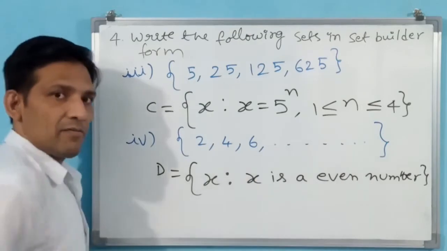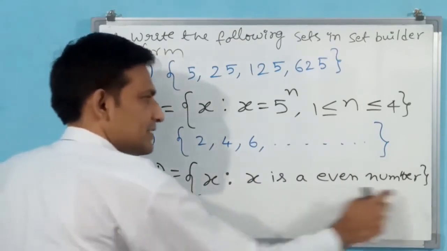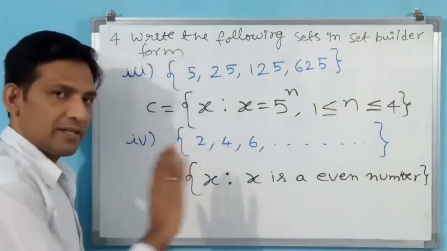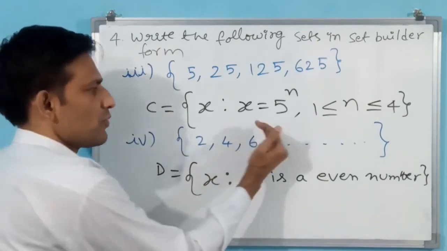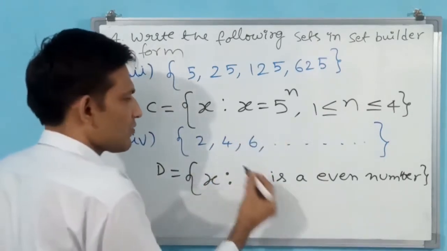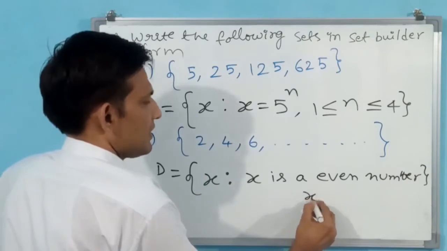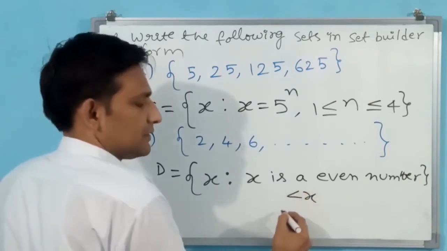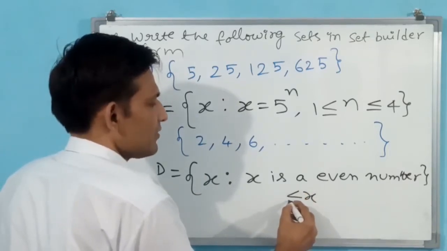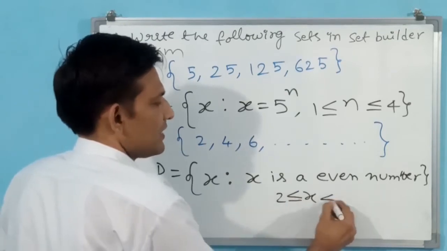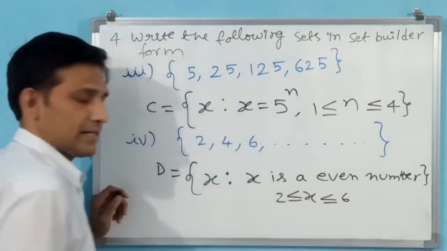If they give 8, what are you going to write? X is an even number. For the sake of your understanding, if only 2 up to 6 they have given, then what you have to write? X is greater than or equal to 2, less than or equal to 6 you have to write.